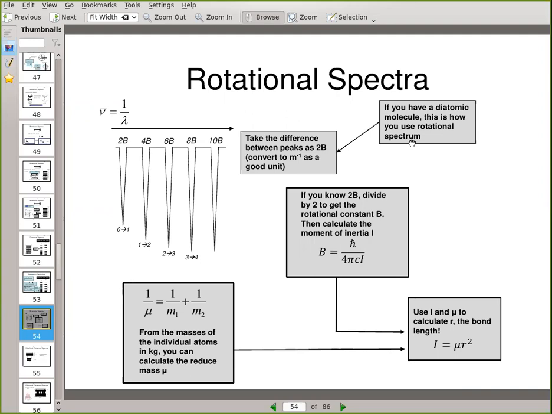So first thing you need to do is, if you've got 1 gram per mole for hydrogen, change it to 0.001 kilograms per mole for hydrogen. Now, how about for one atom? We just need to divide by Avogadro's constant to get the mass in kilograms for one atom. Does that help?